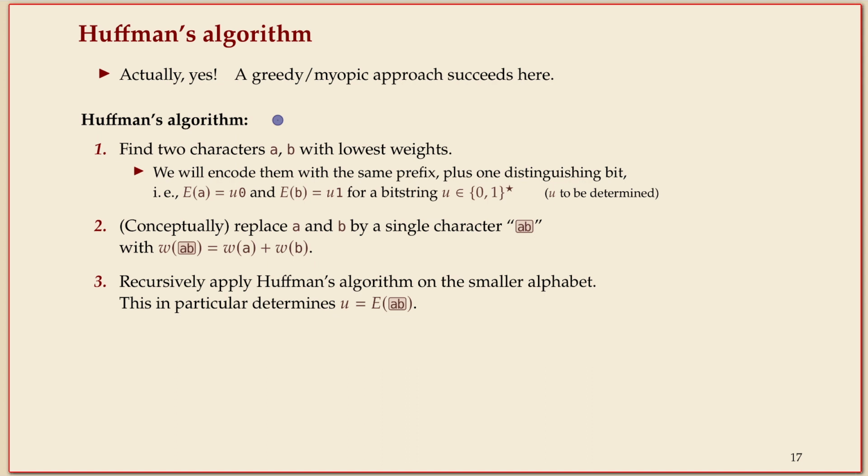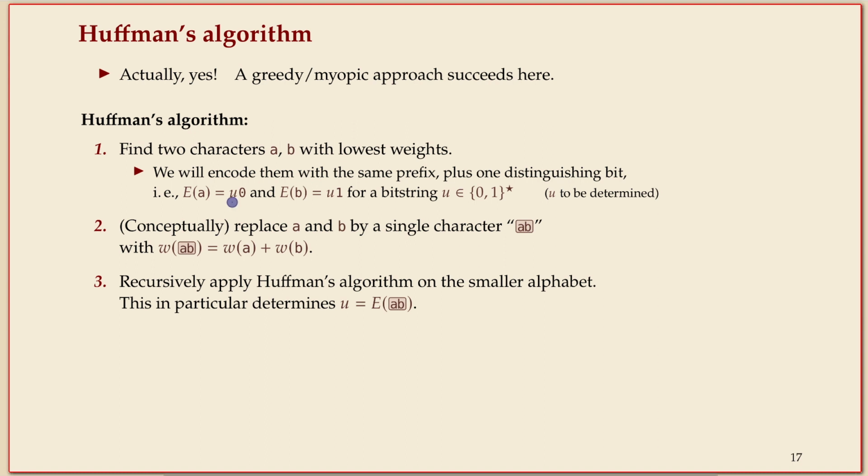You have all your characters with their weights. Now you find two characters with the lowest weight. Intuitively, again, these are the least important ones, so we can assign a longer code word to those two. And what we do is we take those two and say, okay, we don't know what they will in the end be encoded to.